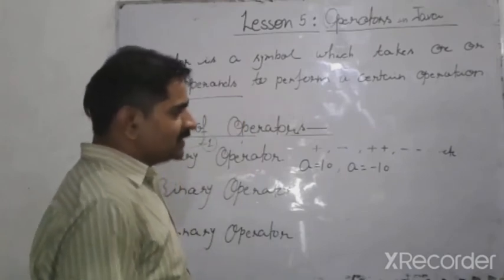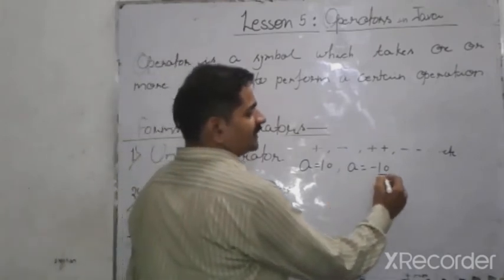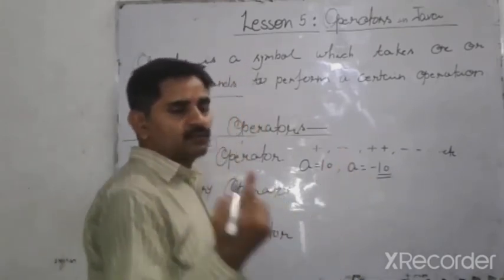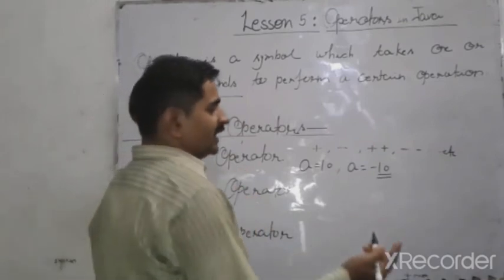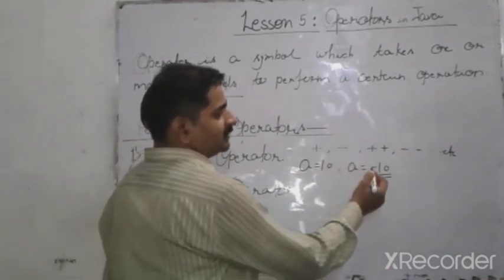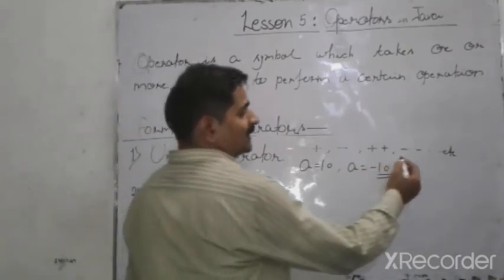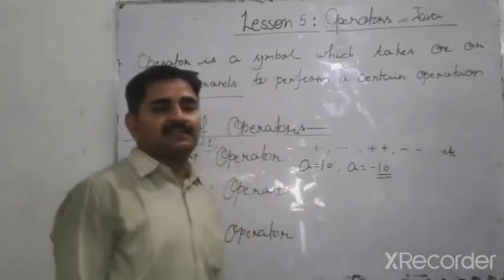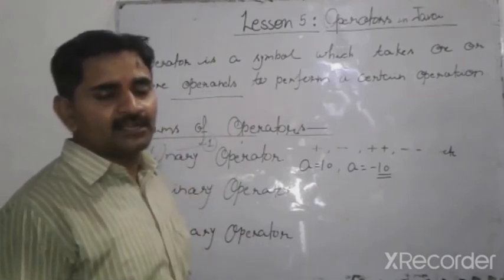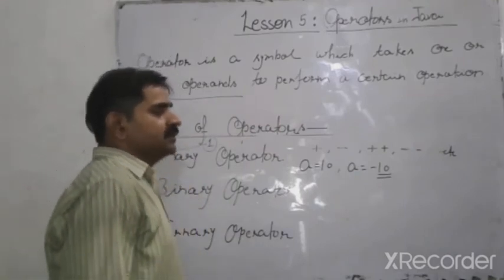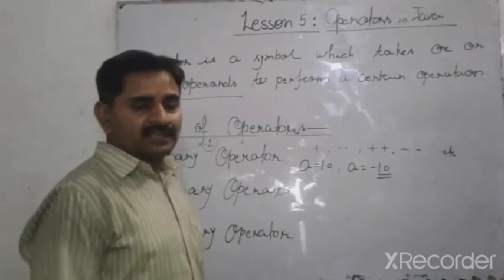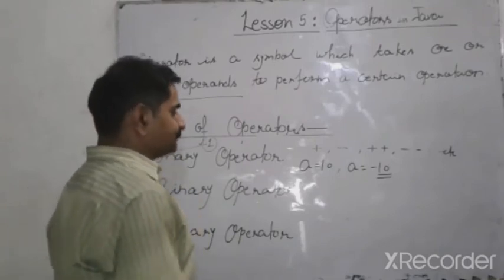You can see here 10 is a single operand, and along with this operand, this operator is used. Plus plus and minus minus are the increment and decrement operators. You will study about these operators later.